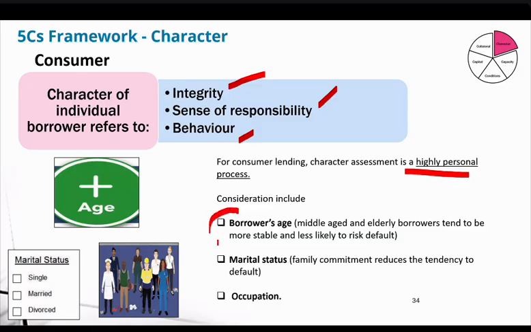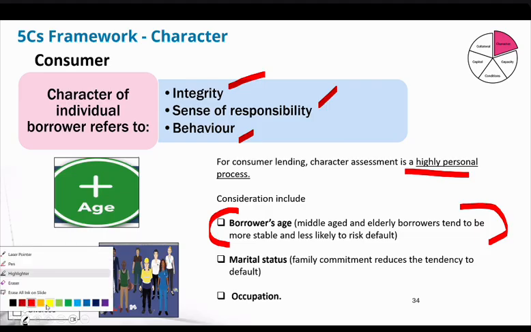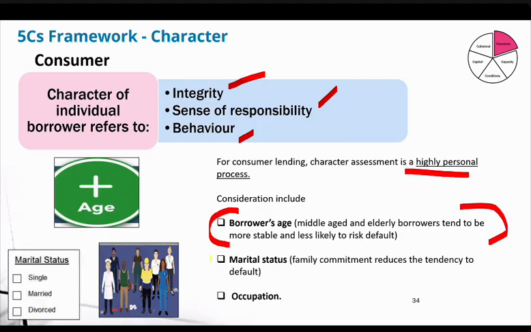We look at the age because, statistically, middle-aged and elderly borrowers tend to be more stable and are less likely to default. Someone very young may be more aggressive and say, you know what, if I go bankrupt now, I can recover and bounce back later. We also check marital status because family commitment reduces the tendency to default. We also check the occupation.